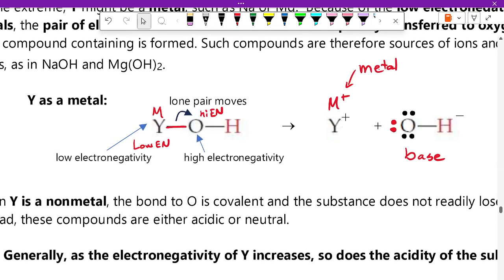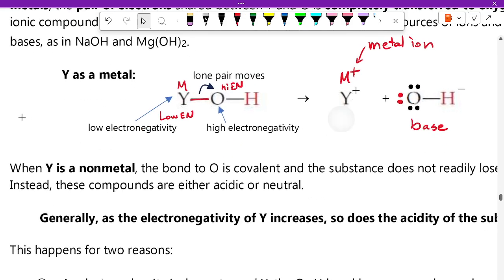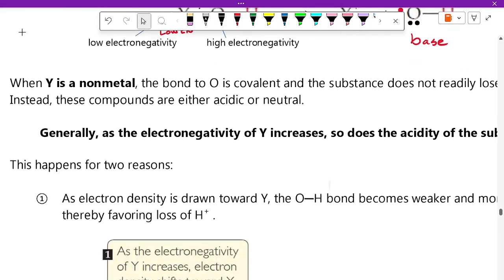But if Y is a non-metal, the bond is covalent, and the substance does not readily give up its electrons.